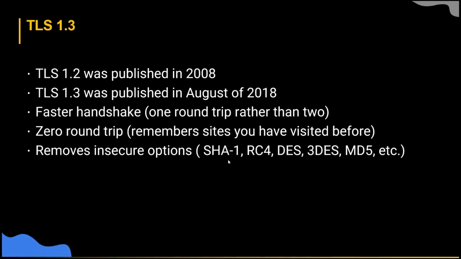But it's also faster. It has a faster handshake. It only requires 1 round trip rather than 2 to establish the connection. And it has a 0 round trip feature, which means if you've already established a secure connection with a site, when it revisits that site, it'll remember that it's visited before, and it will cut down on the initial establishment of the connection.